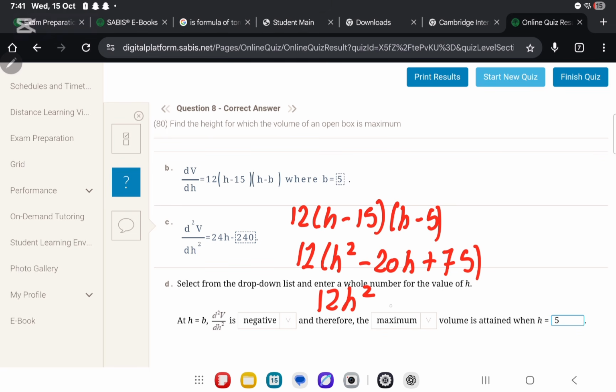Minus 240h plus 75h. Okay, or wait, no, sorry, this is not such. Okay, now derive this again, so you're going to have 24h minus 240. Alright, now this is my answer.